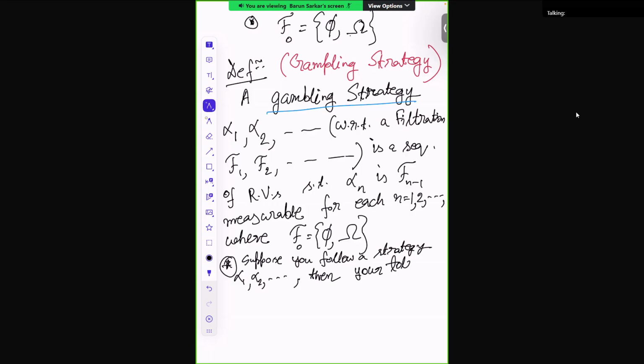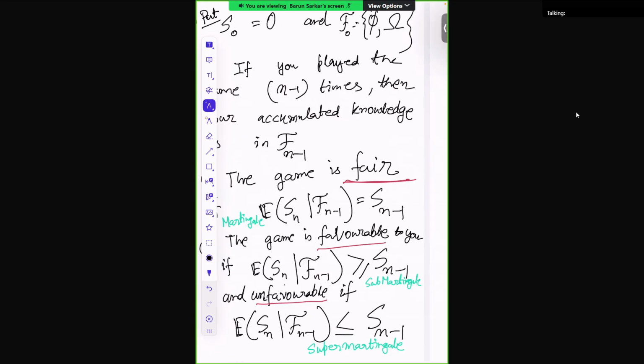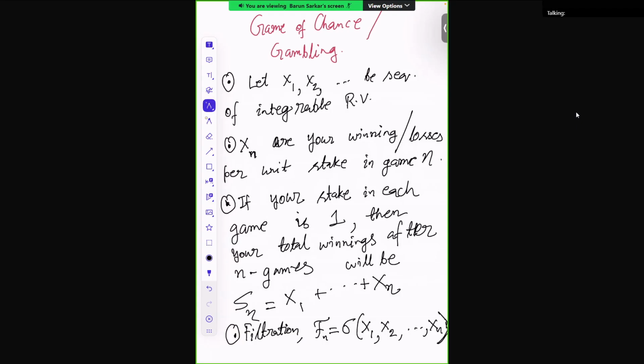Suppose you follow a strategy, then your total winnings over the games, I will write it as Sn bar. Earlier I wrote Sn equal to x1 plus x2 plus ... plus xn.